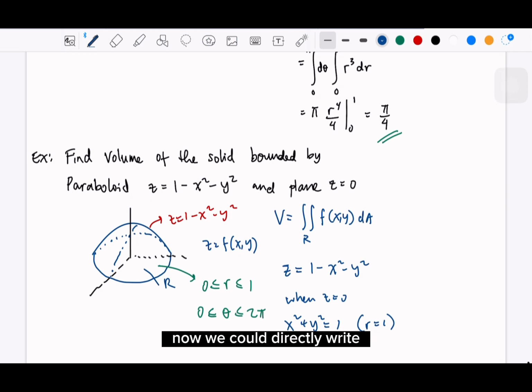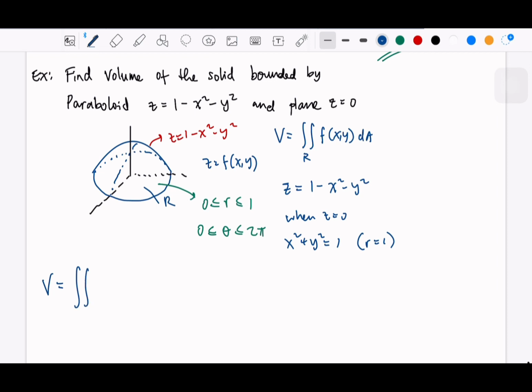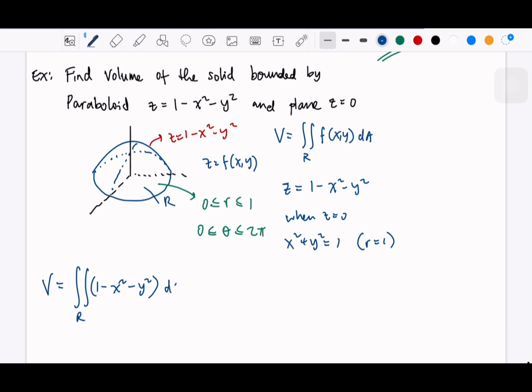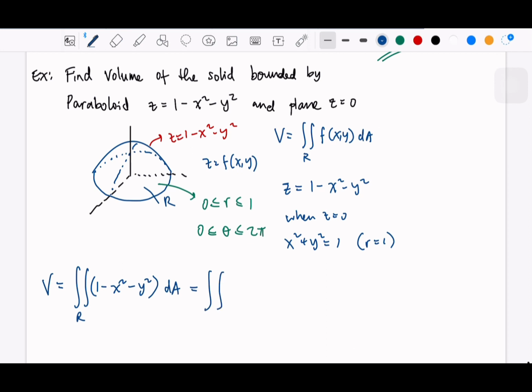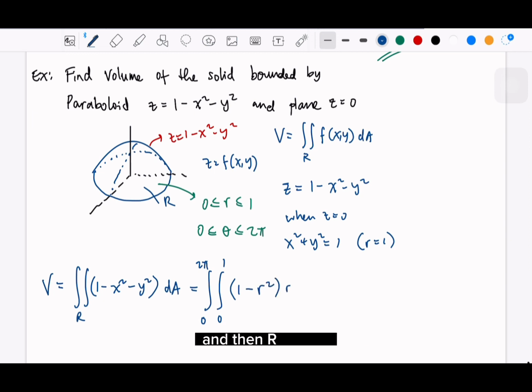Now we could directly write the volume. This is 1 minus x squared minus y squared from the equation, and this is dA, and we could immediately convert into polar. So theta is from 0 to 2 pi, r is from 0 to 1, and the whole thing inside is just 1 minus r squared, and then r dr d theta.